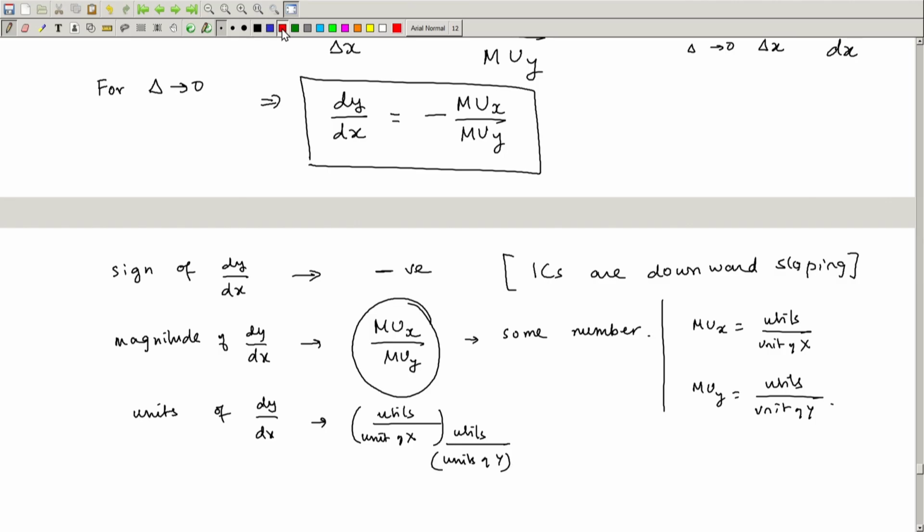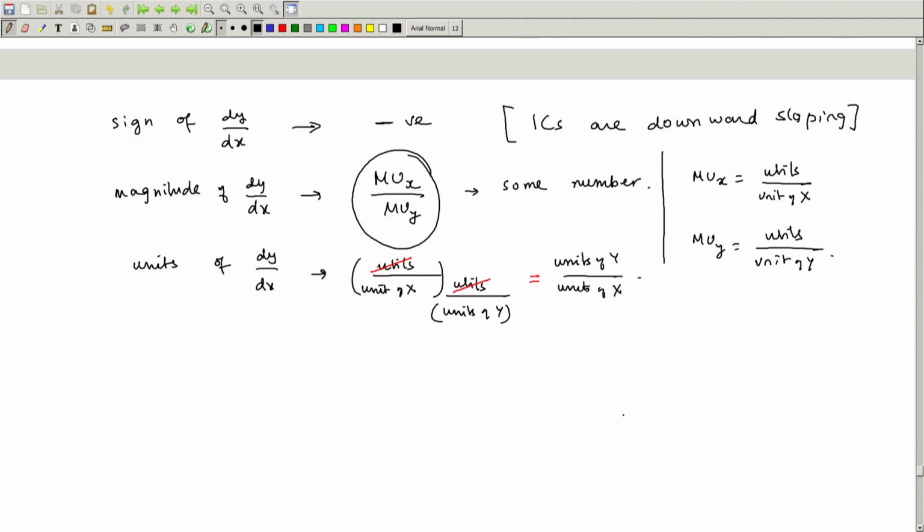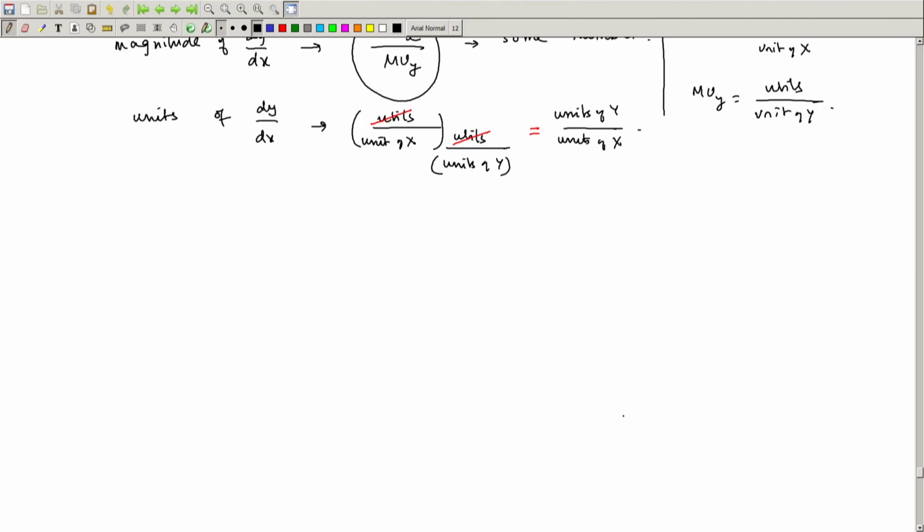We have the utils cancelling each other. So, if I flip this, I am essentially going to get units of y upon units of x. So, there are three things that are very, very important whenever you talk about slope. One is the sign, which is always negative, the magnitude, which is MUx by MUy, and the units, which are units of y upon units of x.